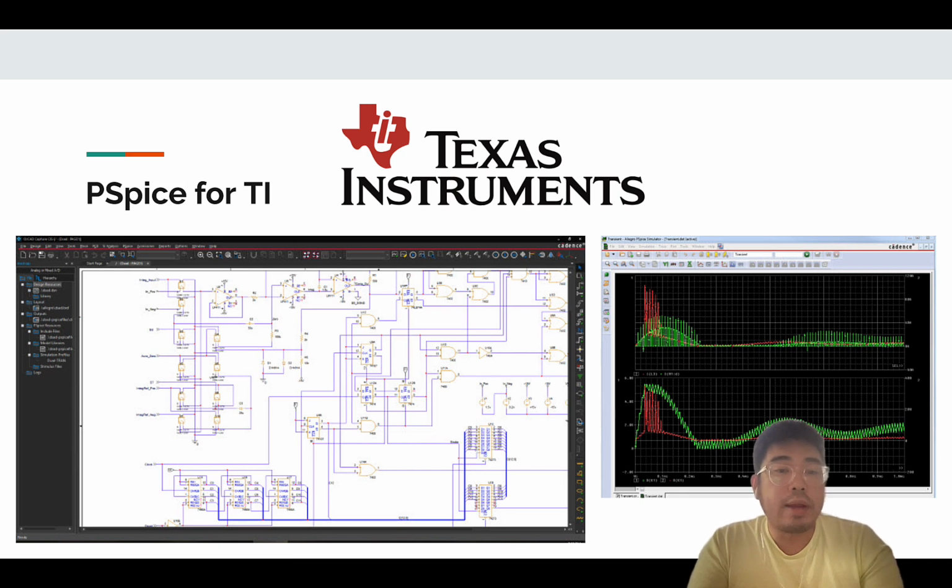TI is known for its ICs, integrated circuits, DSPs, digital signal processing chips, ADCs and DACs, analog to digital converters and digital to analog converters, going down to specific component level parts like MOSFETs and other parts like that.